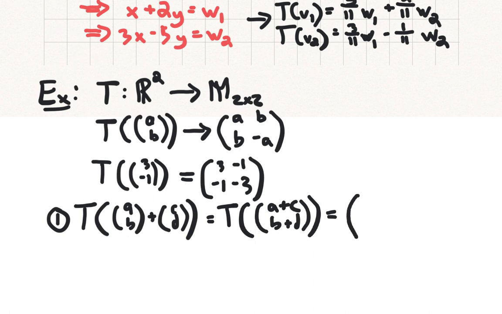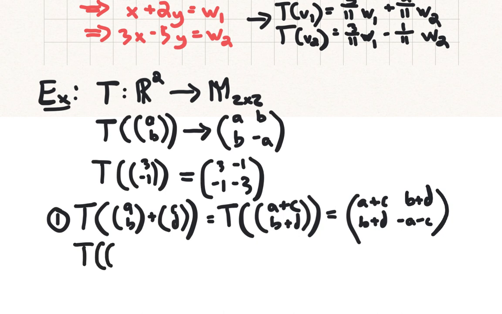It creates a 2x2 matrix where the first column is the same thing, a plus c, b plus d. And the second column is reversing the top and bottom entries and negating in the lower right corner. So this becomes b plus d and a negative a plus c, which is negative a minus c. So that's what happens if we add and then transform. Let's do it the other way. Let's transform first and then add.